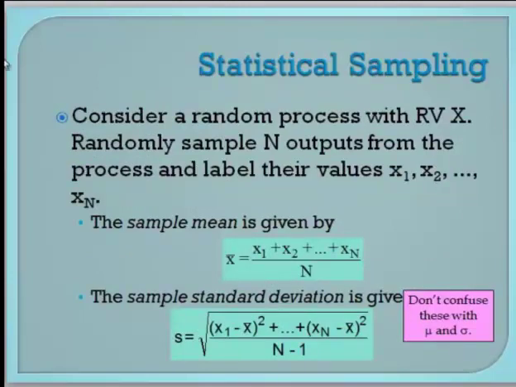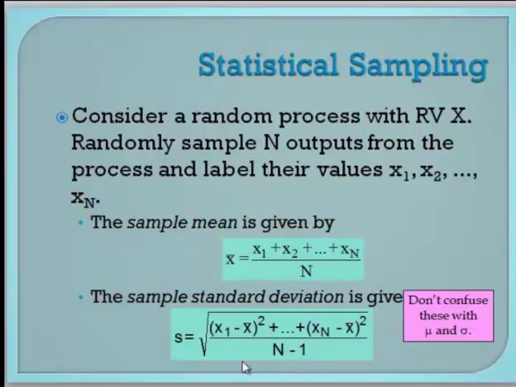Now, if we're doing statistical sampling, say we have a random process with a random variable x, and we randomly sample n outputs from that process and label their values x1, x2, and so forth up to xn. The mean is calculated in the usual way. The sample standard deviation is given by S, where we take each of those values, subtract the sample mean, square it, add them all together, and divide by n minus 1.